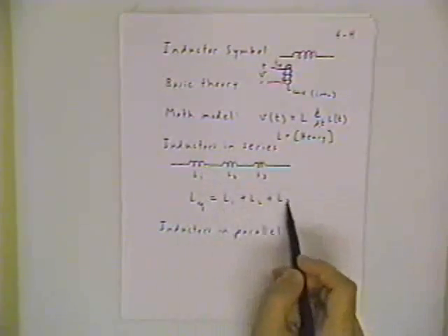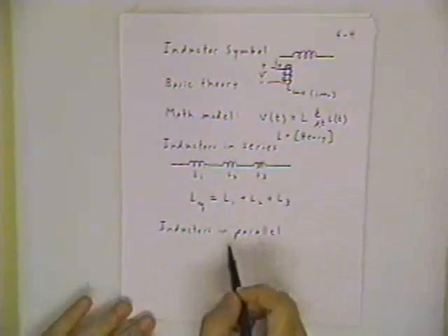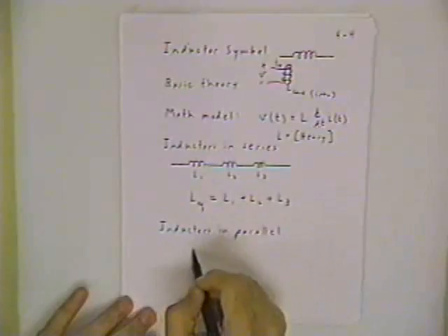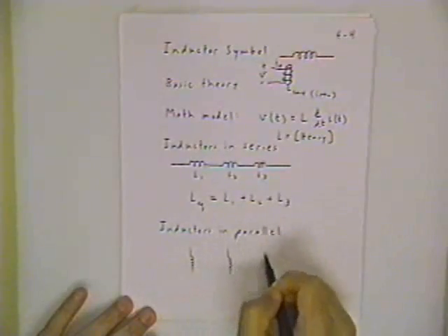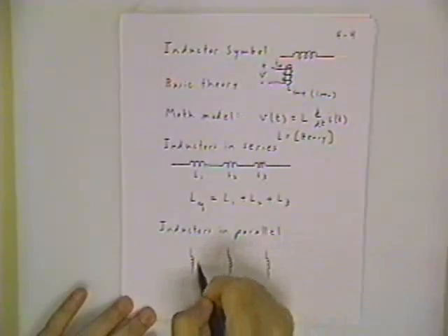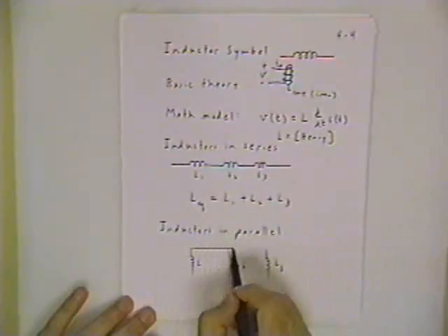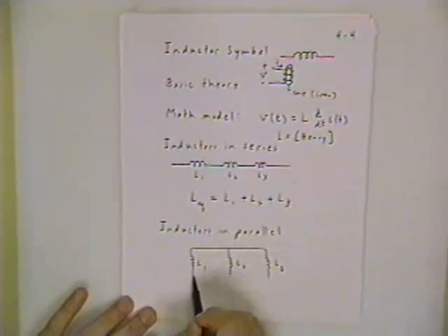And resistors in series add like this. Resistors in parallel add according to inverses, and so you should expect inductors in parallel to add the same way. So if I have L1, L2, L3, that's actually an inductor, even though it looks a little bit sloppy.